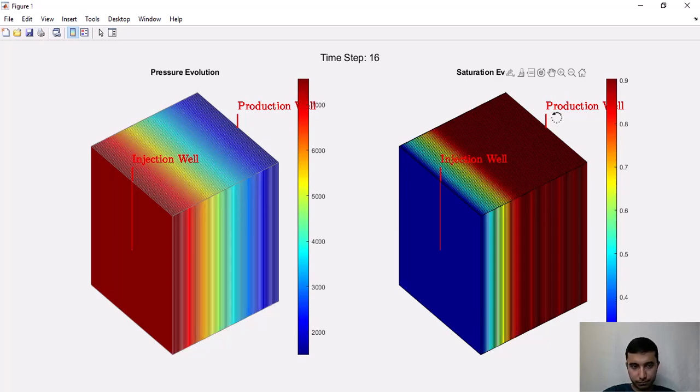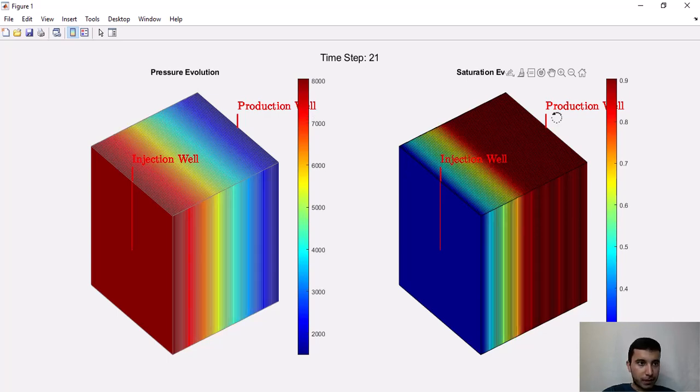All right. This is what I was going to talk about in the case of no capillary pressure.